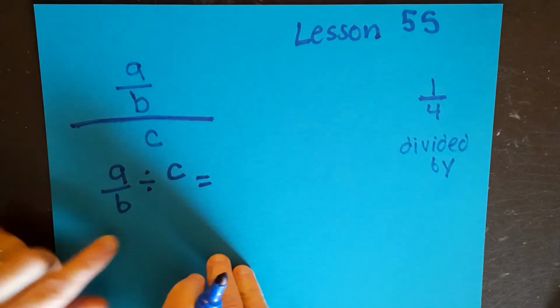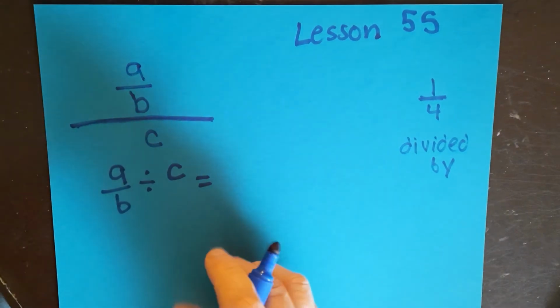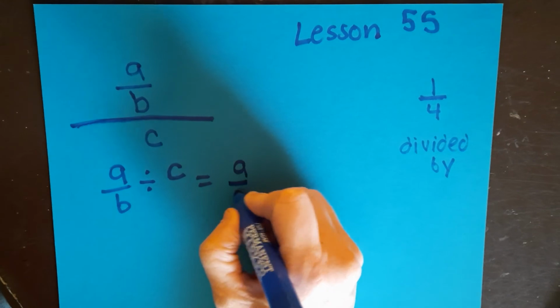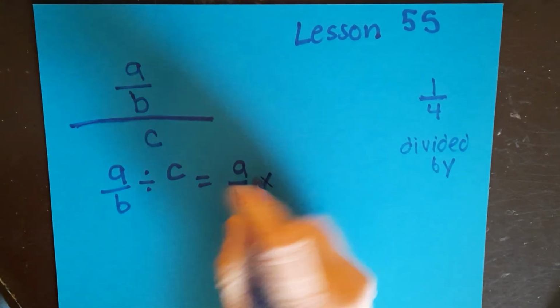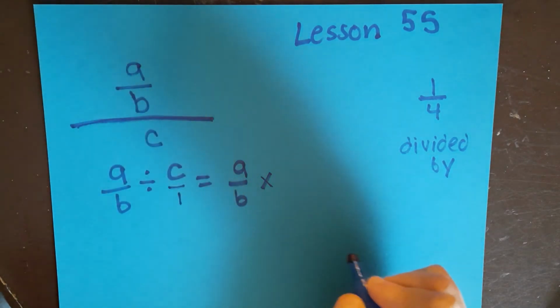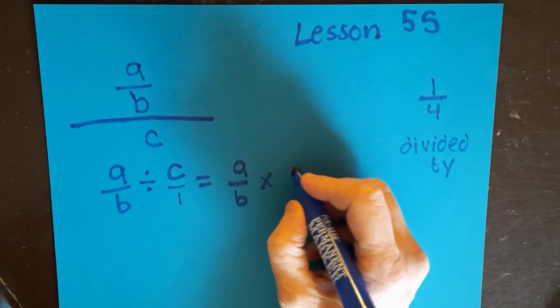And then to simplify that, remember, when you divide by a fraction, it's the same as multiplying by its reciprocal. Do you remember that? So a over b divided by c is the same as multiplying by the reciprocal of c. C is the same as c over 1. The reciprocal just changes the numerator and the denominator around.